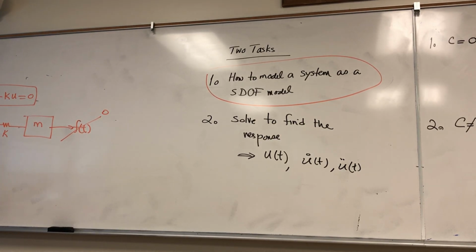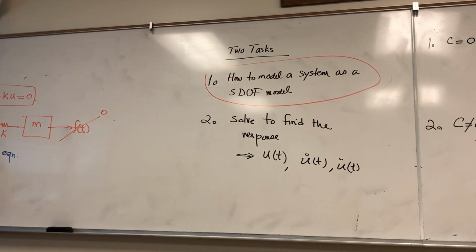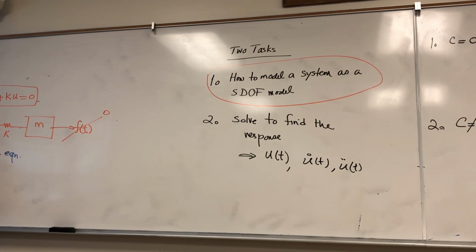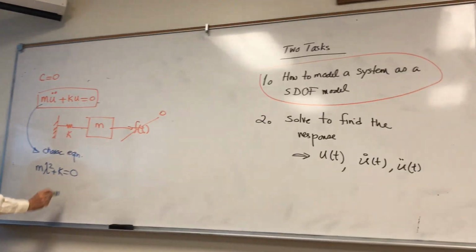I'm not going to go to the details of that, but what you do, you set up the characteristic equation. You find the roots of the characteristic equation, and the solution of this differential equation U is the sum of those two. Okay? The characteristic equation for an equation like this would be what? M lambda squared plus K is equal to 0.